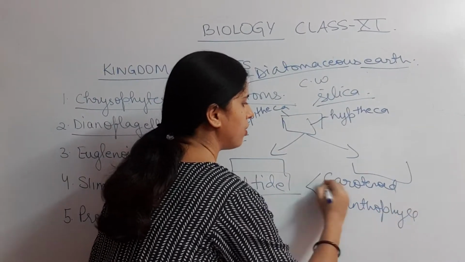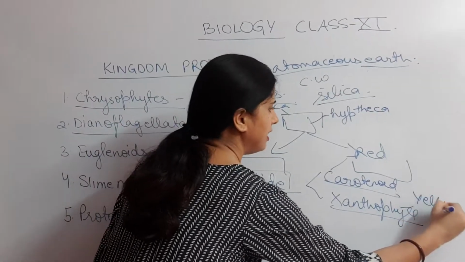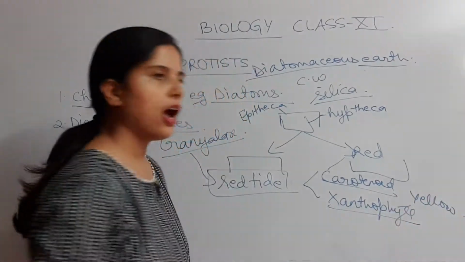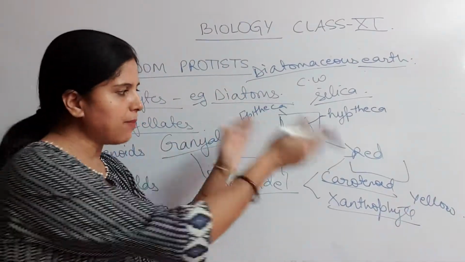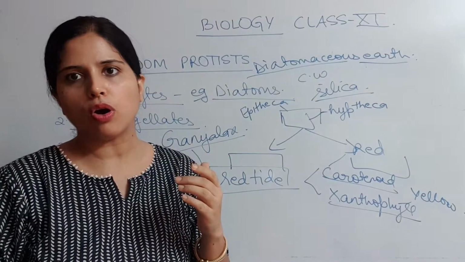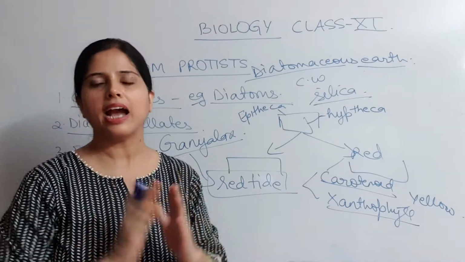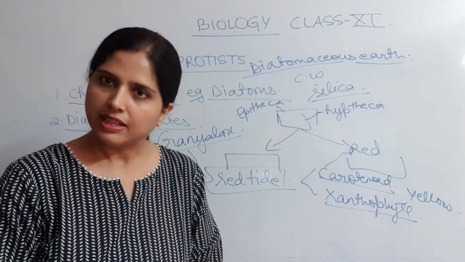Carotenoid gives red color, and xanthophyll gives yellow color. As they are autotrophic, they come on the surface of the ocean and seas, and when the sun rays fall on them, they give a red color to the ocean and seas, and that is why they are called red tides.